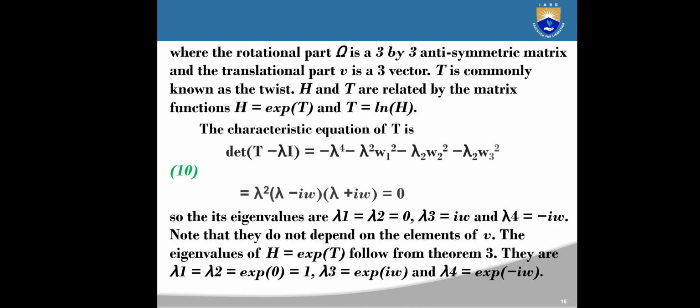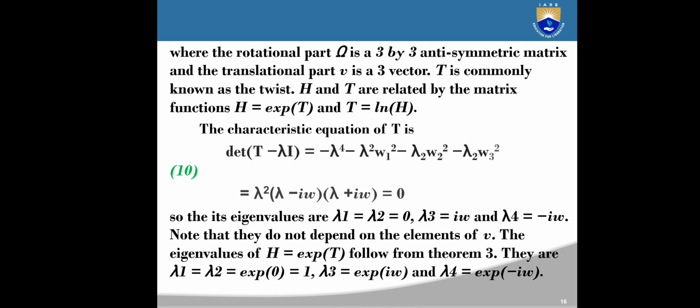So its eigenvalues are lambda 1 is equal to lambda 2 is equal to 0, lambda 3 is equal to I omega, and lambda 4 is equal to minus I omega. Note that they do not depend on elements of nu.